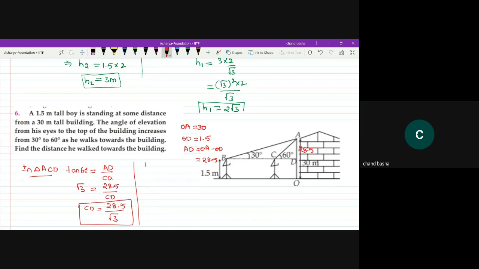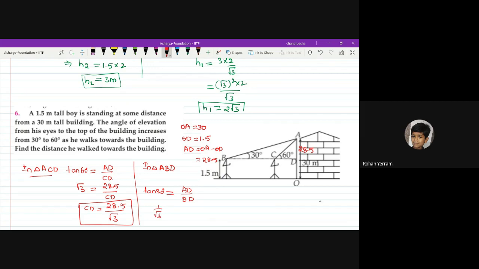Now another triangle is also there. Which triangle? ABD. The complete triangle you can take. Tan 30 degrees is equal to the opposite side, that is AD, upon the adjacent side, that is BD. Sir, my answer, 1 divided by root 3.